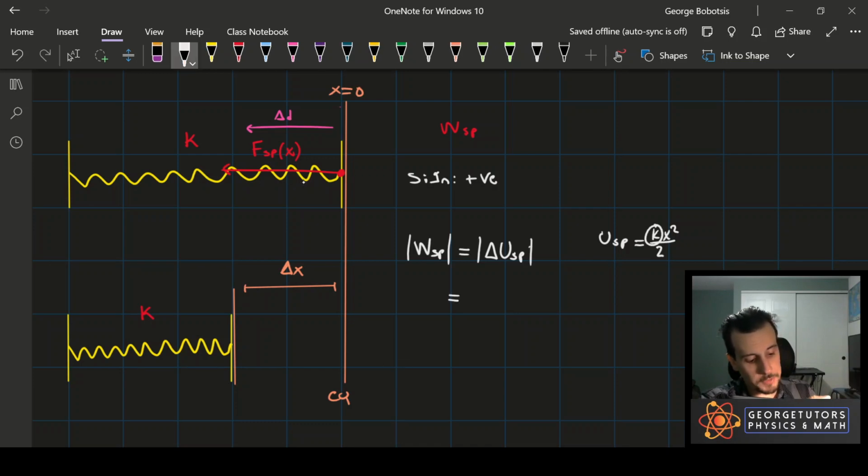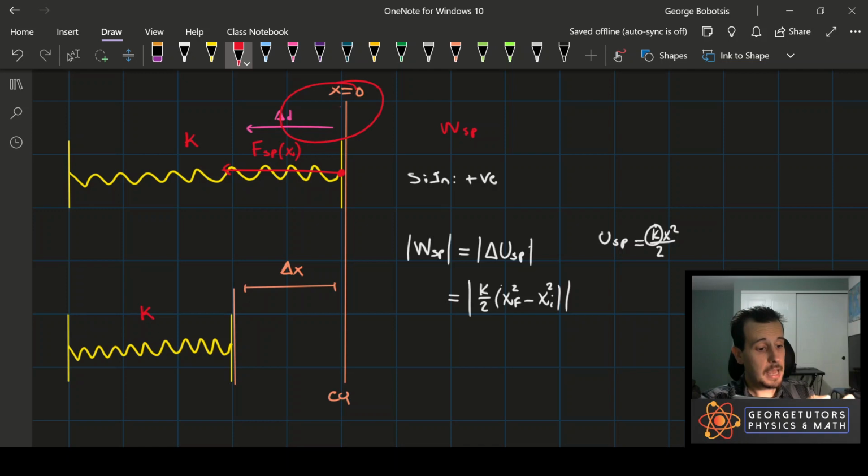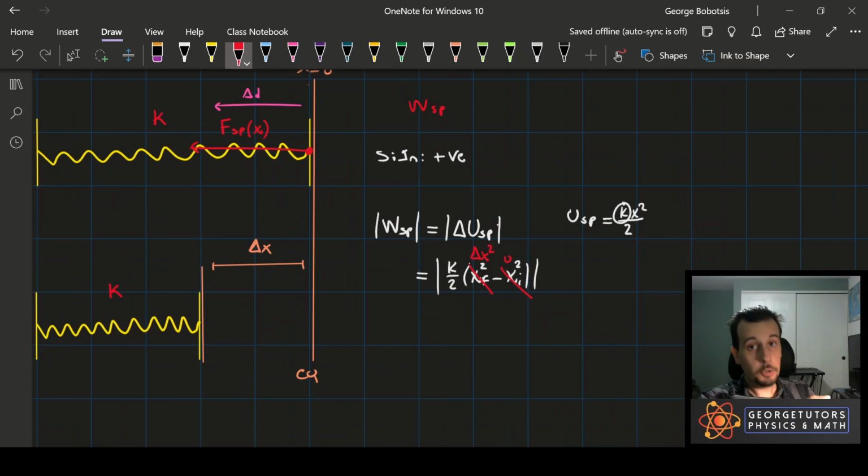So I can actually write this change as k over 2 times x final squared minus x initial squared. And if I look at my diagram to determine what these things are, I see that in the beginning, I had 0 compression. And at the end, I have compressed myself by an amount delta x. Perfect.